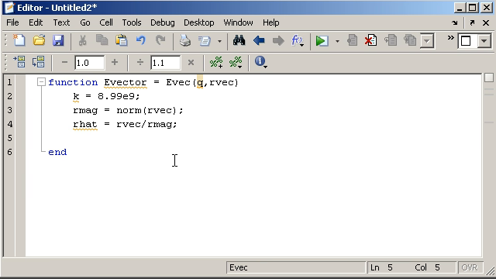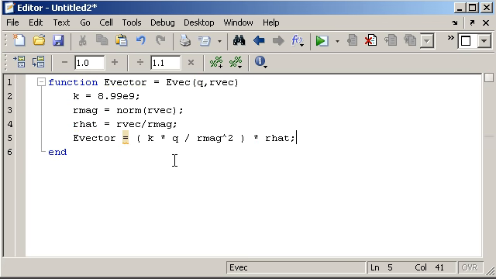Alright, then E vector equals K times Q, KQ over r squared, divided by rmag squared, and then all that times r hat.